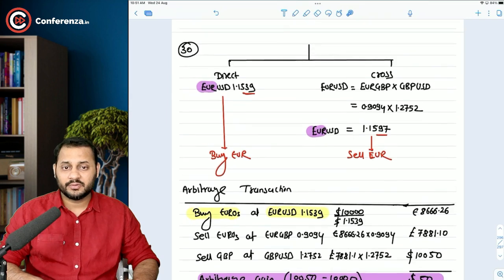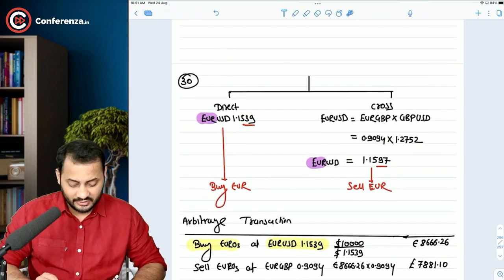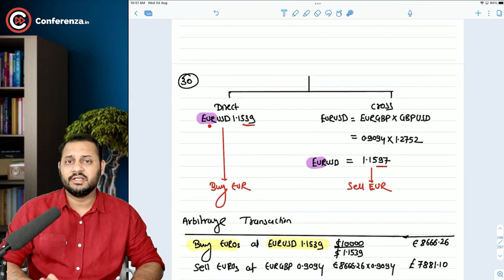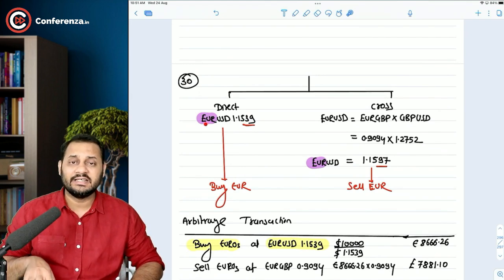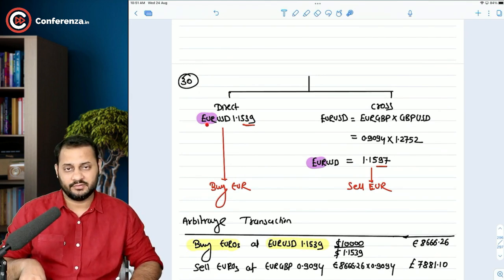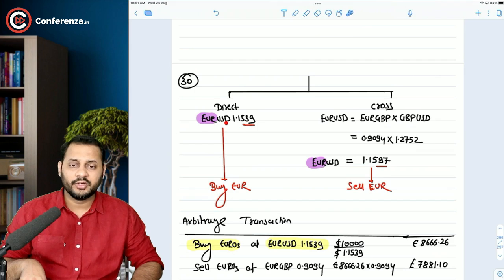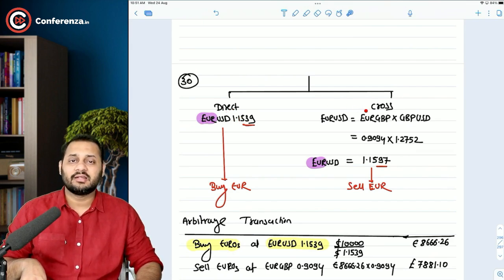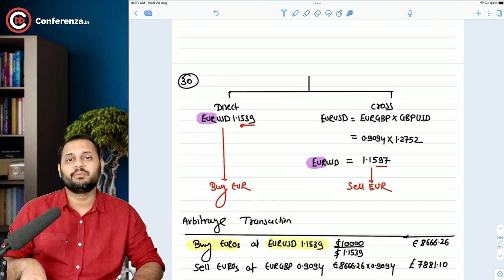So it is very important to understand which currency is cheaper in which market. We picked up euro because it was attached with the dollars and we had dollars to trade for euro. And we found that euro is cheaper in the direct market rather than through the cross rate. So we bought the euros from a cheaper market and sold it in a higher market.